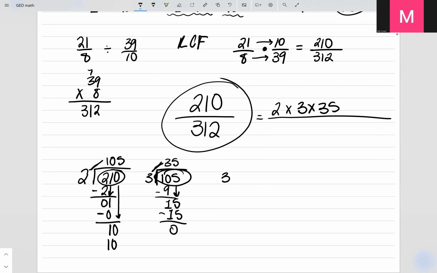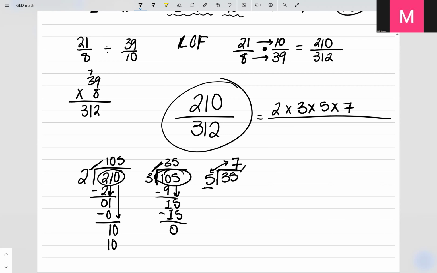Next, we have 35. And we know that that's not going to be divisible by 3, but it is divisible by 5. And 5 times 7 is 35. And both 5 and 7 are prime numbers. So now our 35 changes to 5 times 7.